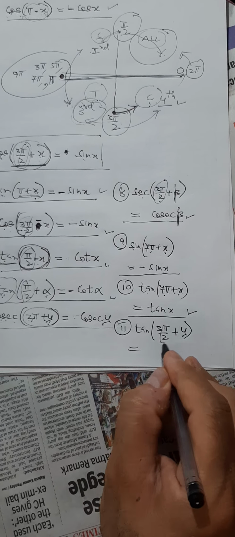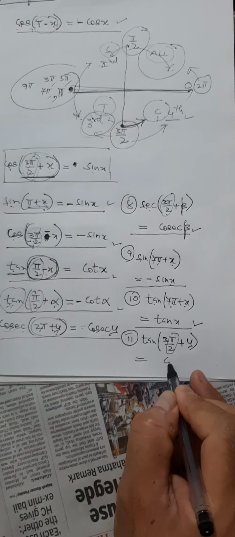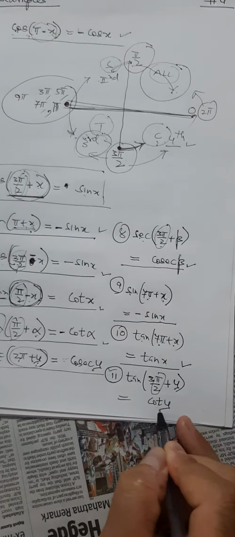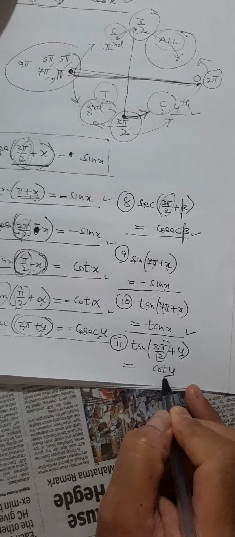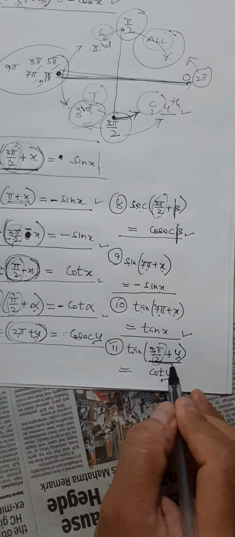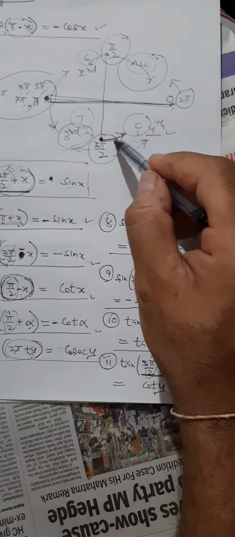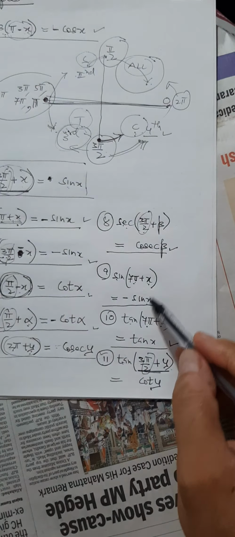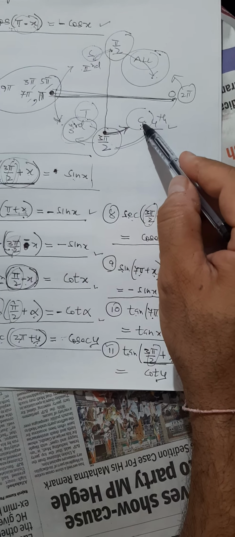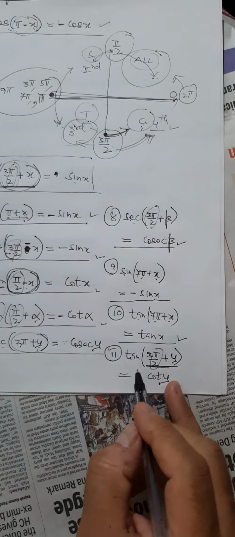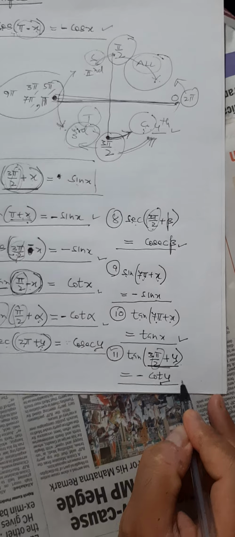You have a multiple of pi by 2, so you have the corresponding function: tan becomes cot y, remember. Now decide the quadrant. 3 pi by 2 is here. Plus means anti-clockwise direction, so it will be in the fourth quadrant. There cos and sec are positive, remaining all are negative, so you put minus.